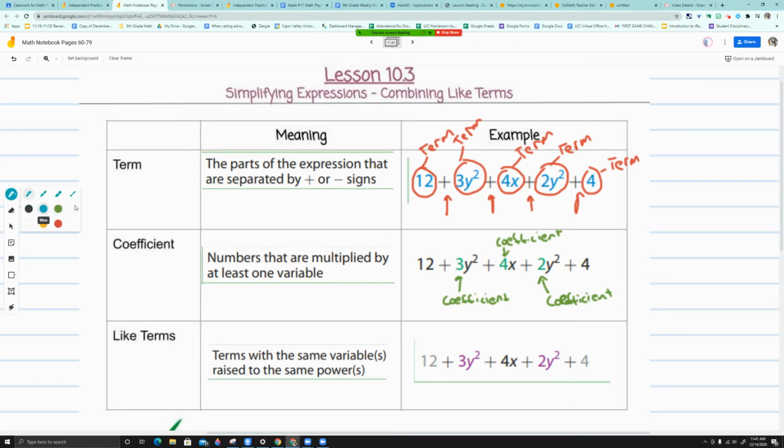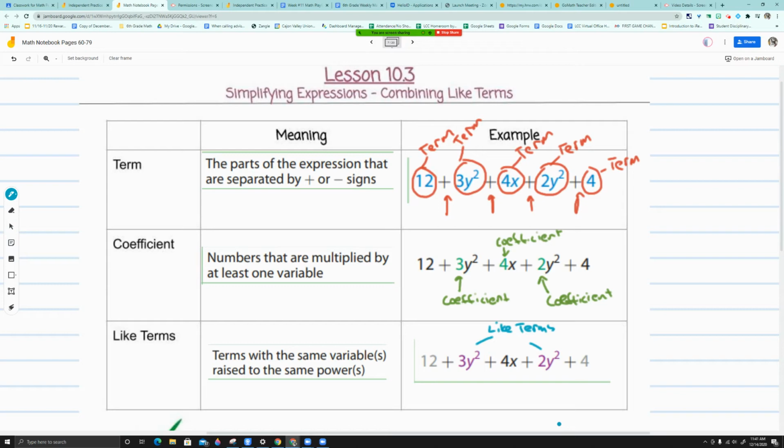So I'm going to use blue for these guys. I'm going to just say like terms. So these two like terms, 3y squared and 2y squared, I could add together to make 5y squared. They have the same variables and they are raised to the same power.